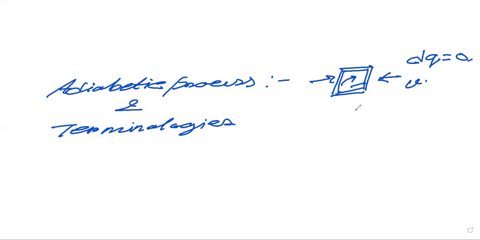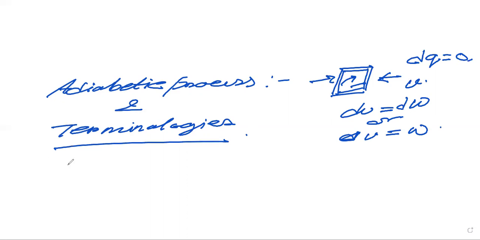Hence internal energy and work done have a direct relationship, that is, dU equals w, or delta U equals w. The terminology used here is as follows.